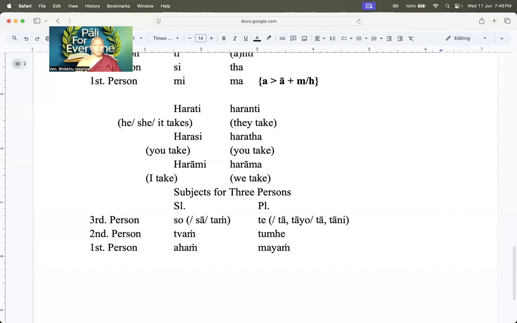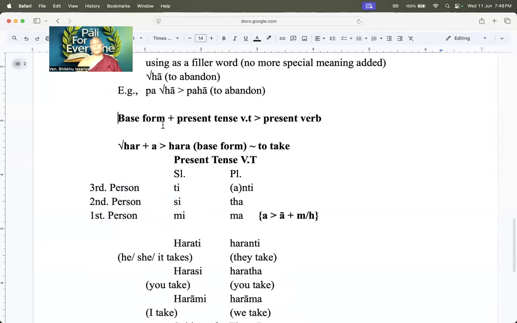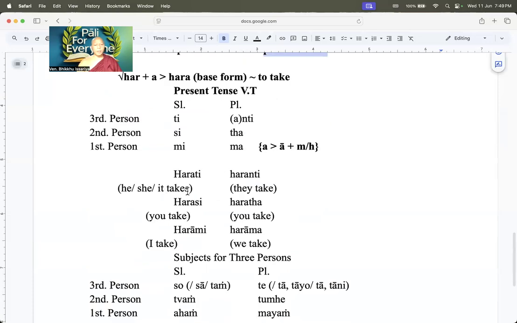Okay, so now let's go back to the verb system, to the base form. We can add the present tense verb termination, at the time we had the present verb. So that is here: takes, not will take, not took, not future tense, not past tense, just takes. So he takes, they take, you take, I take, and then we take.